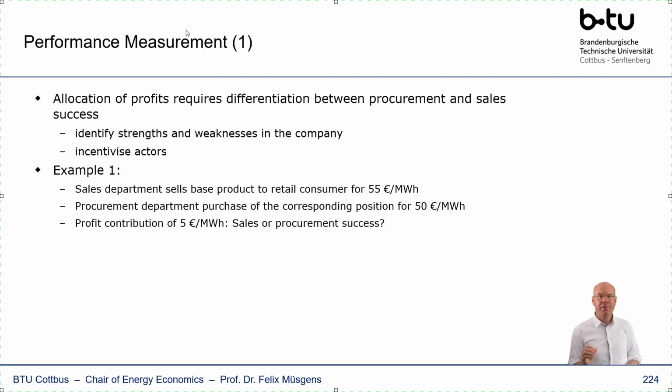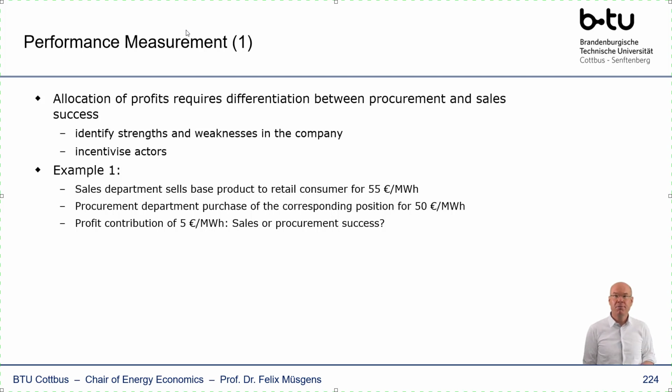One example we can use here to simplify this, to boil it down to the essentials. Assume the sales department sold a base product to a retail customer at 55 euros per megawatt hour. Assume the procurement department purchased the corresponding position for 50 euros per megawatt hour.